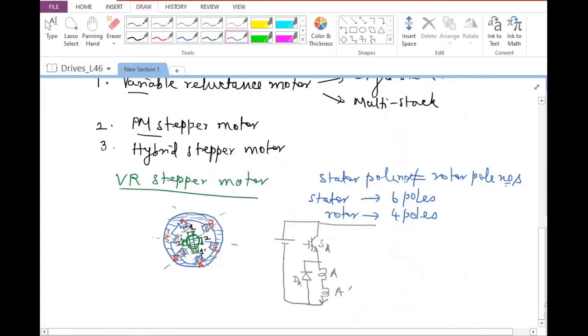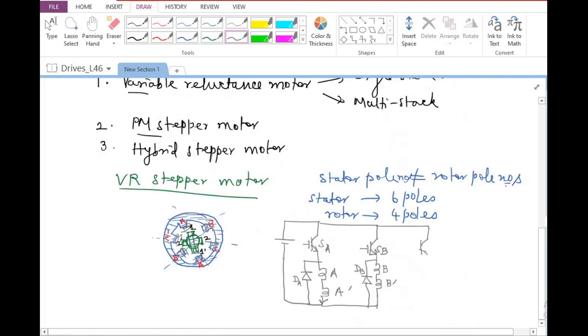And similarly, I will have one more switch, SB, and whenever it is turned on, it is going to energize B and B dash. And again, I have to have a freewheeling diode, DB, which will be connected here for providing an alternate path for the current.